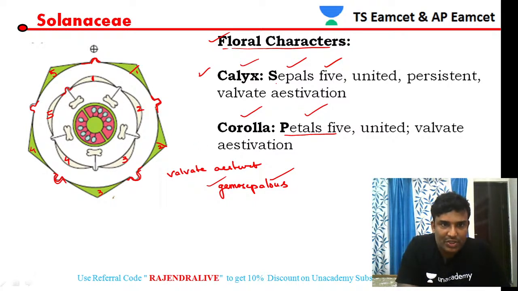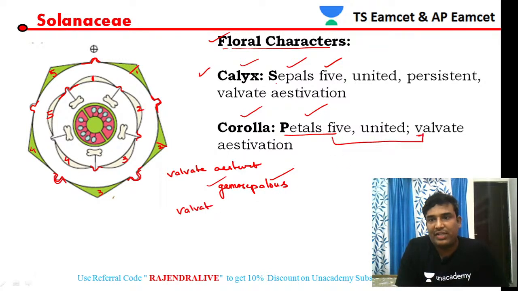One petal is connected to the other, and the petals are arranged side by side. Again the same condition: the petals are also exhibiting the valvate situation.